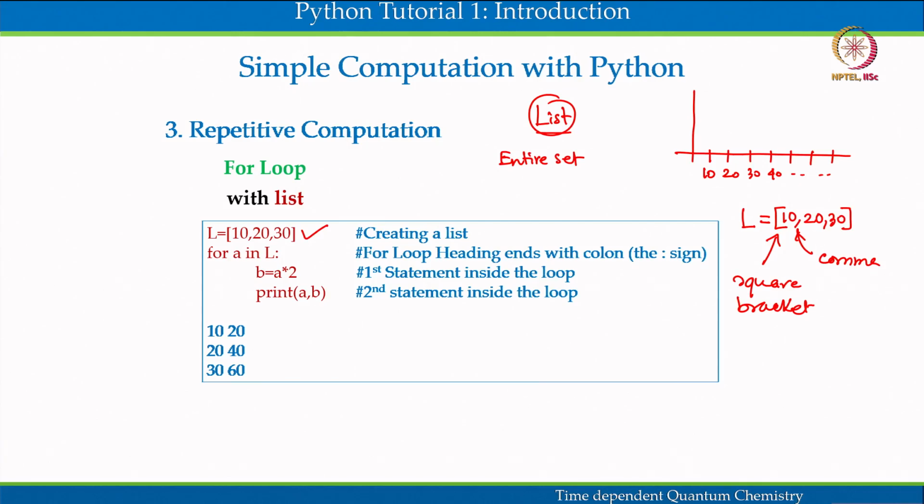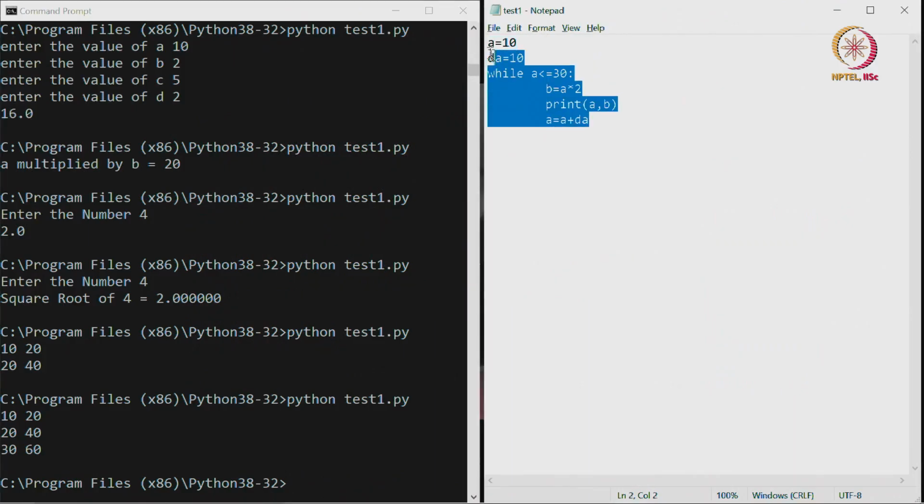That is the way we can prepare the list. And once you prepare the list, one can in fact call a particular element of the list by this construct within this square bracket, L i. So, let us look at how it works in my laptop.